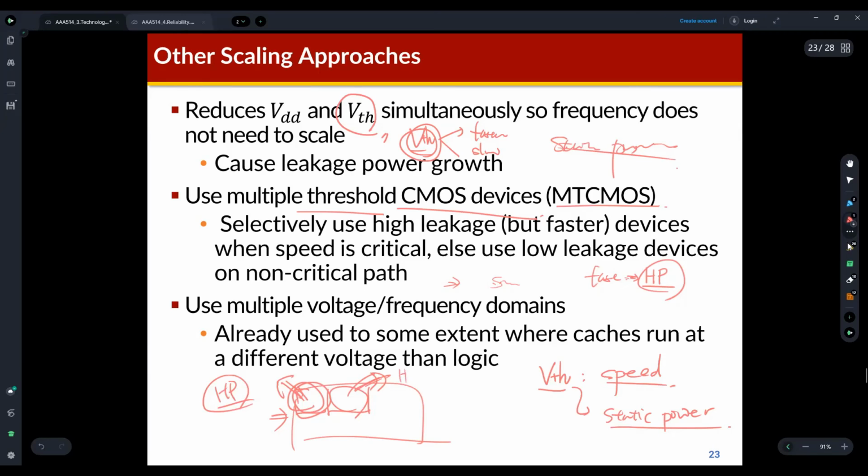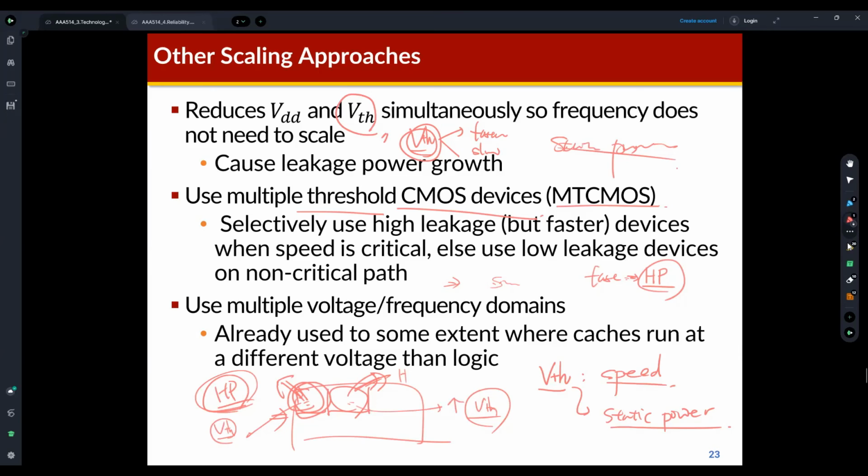So what is the idea? We can apply different threshold voltage levels for different components. Where high performance is required, we can reduce the threshold voltage, but if a circuit can work very slowly, then we can increase the threshold voltage. This technique is called multi-threshold CMOS. We can apply different levels of the threshold voltage.